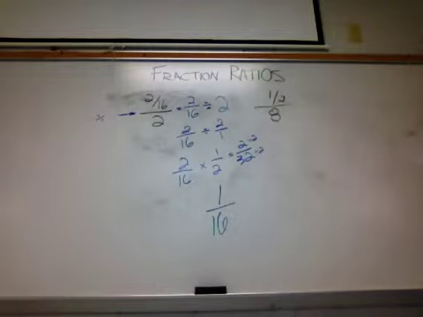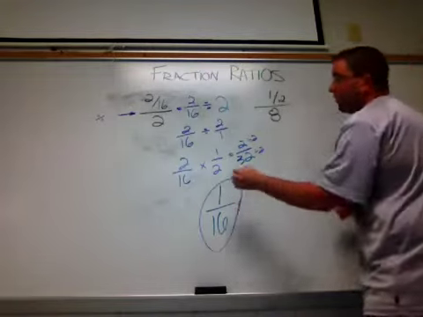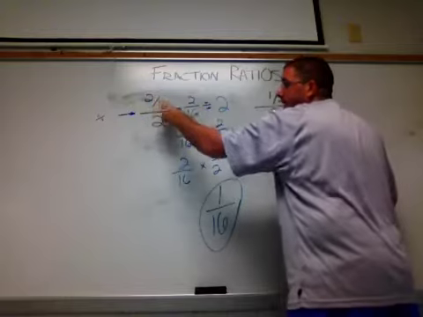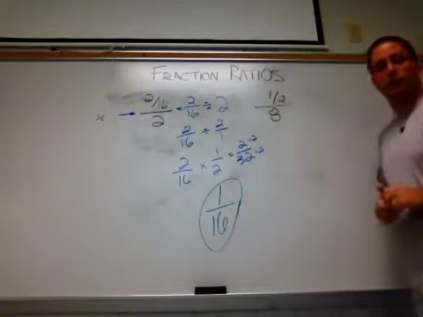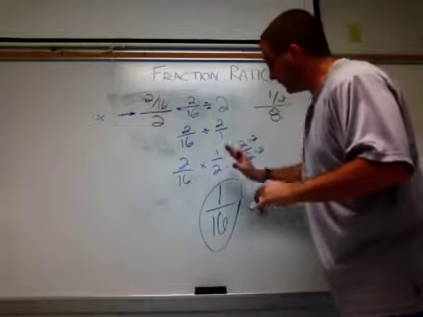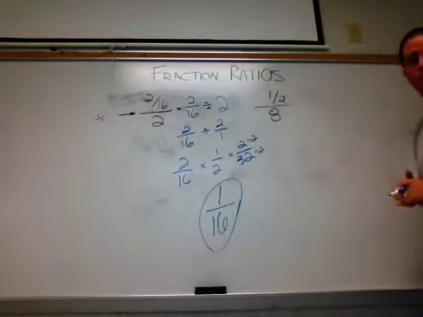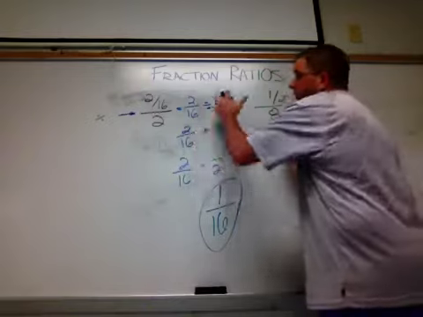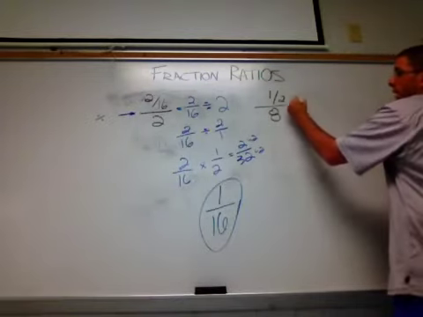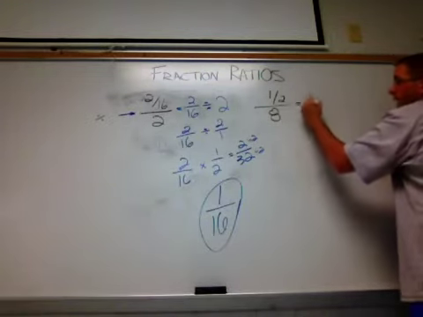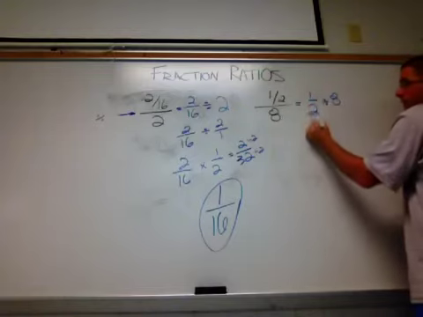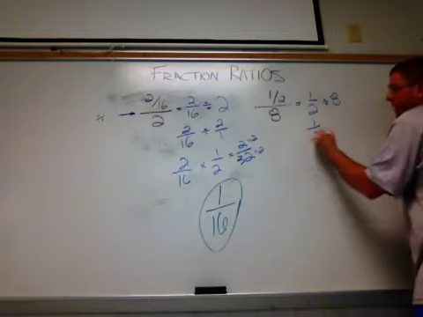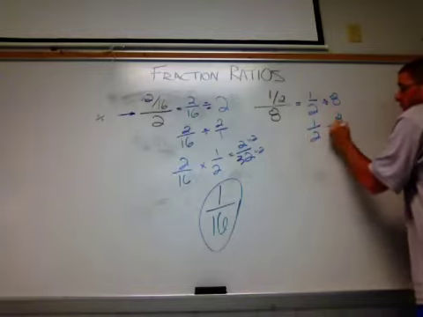Okay, so that 2/16 to 2 can be simplified to a 1 to 16 ratio. Okay, that is completely simplified down to here. Okay, let's do this one real quick to see if these two are equivalent. So I'm going to once again rewrite it as a division problem, and then make that 8 a fraction by placing it over 1.